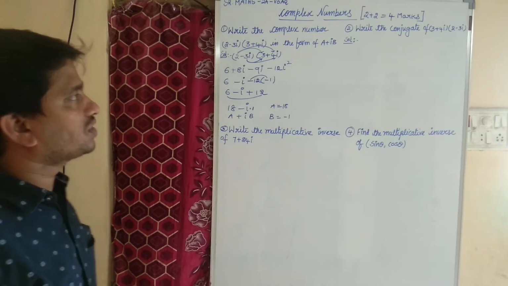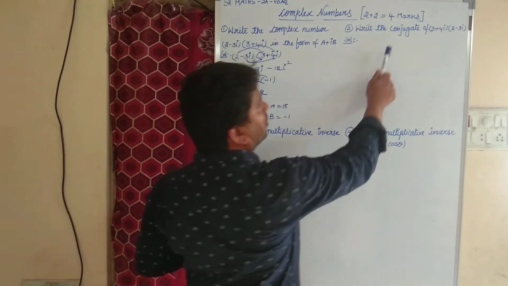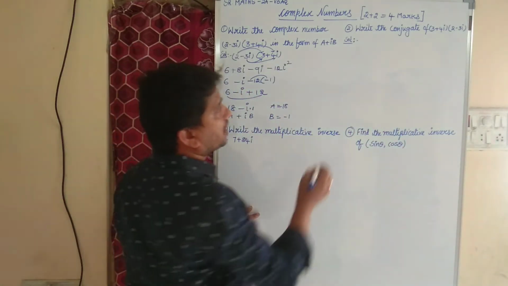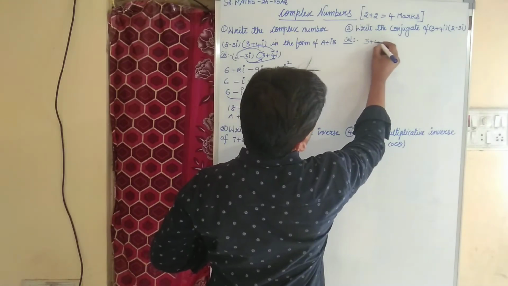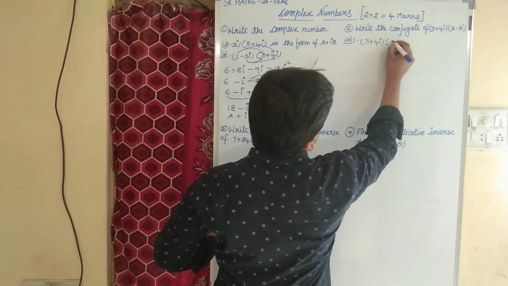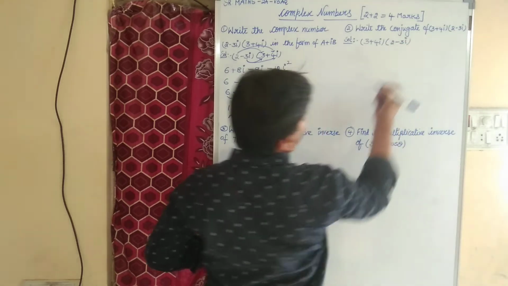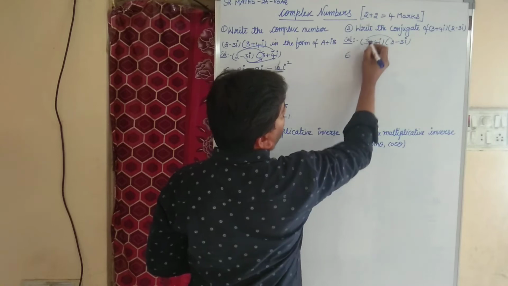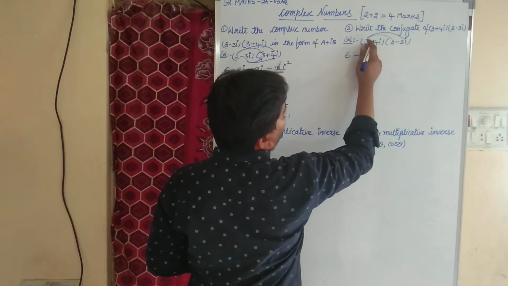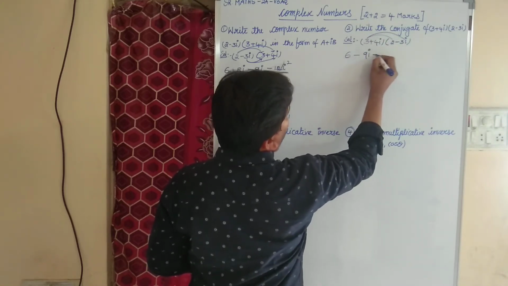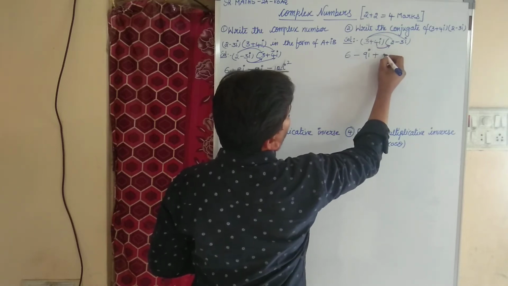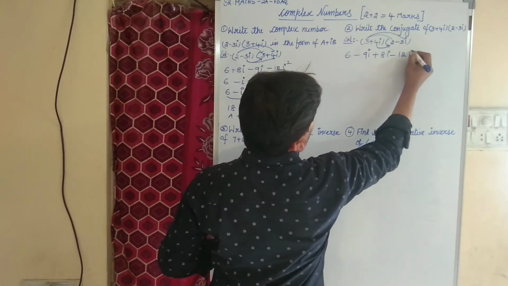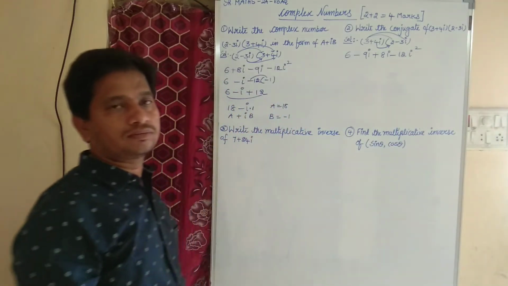Now coming to question number 2, write the conjugate of (3 plus 4i) into (2 minus 3i). Again 3 into 2 is 6, minus 3 into 3 is 9i, plus 4i into 2 is 8i, plus into minus, minus 4 into 3 is 12 i into i square.